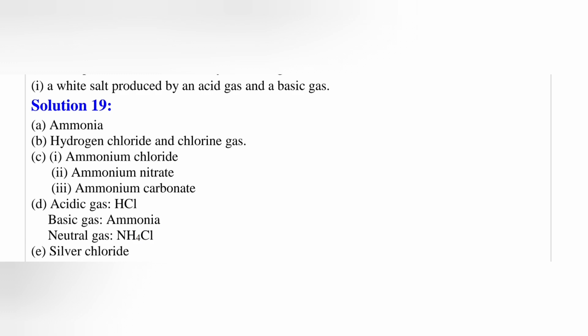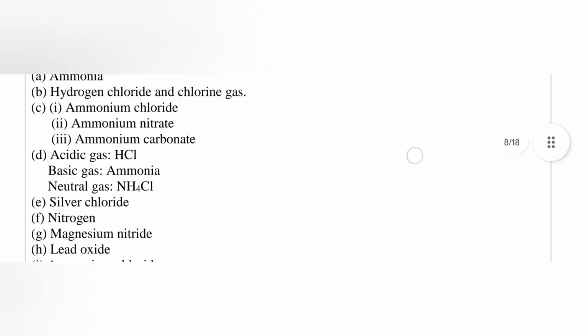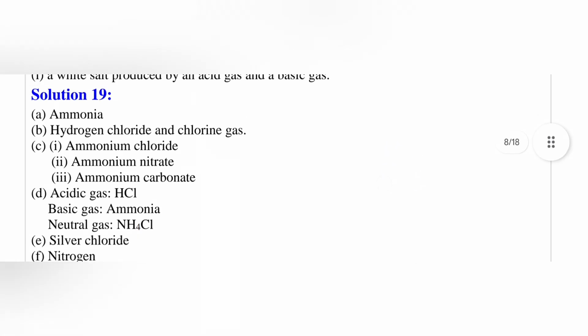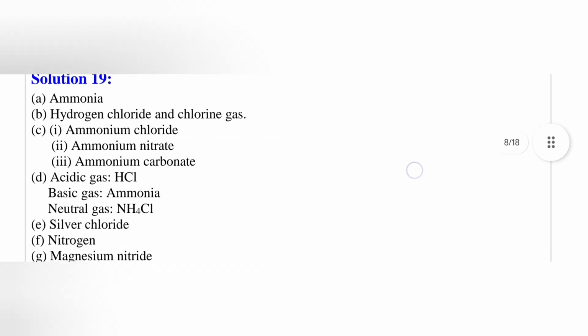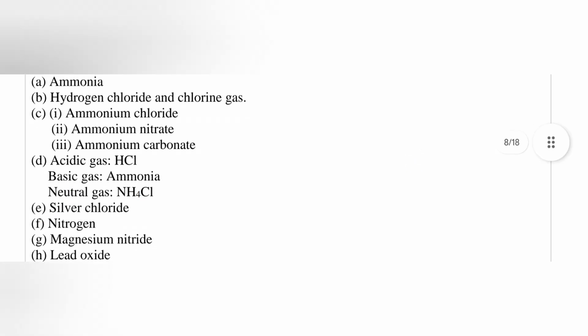The metallic chloride soluble in ammonium hydroxide is silver chloride. The gas obtained when ammonia is burned in air is nitrogen gas. The nitride of a divalent metal which reacts with warm water is magnesium nitride. An amphoteric oxide reduced by the basic gas is lead oxide.